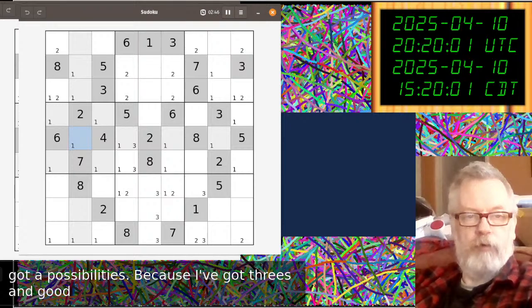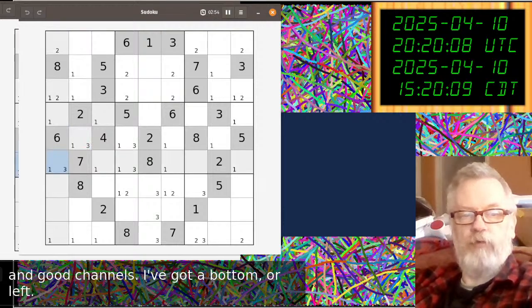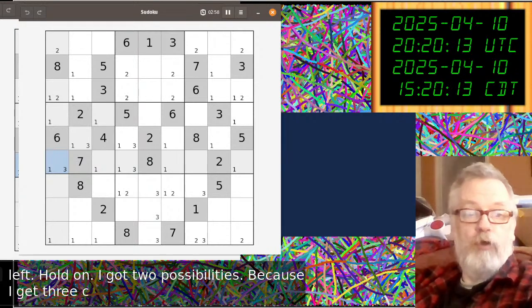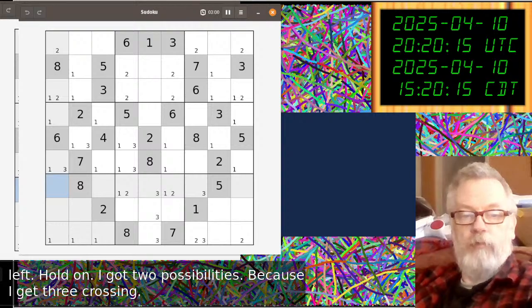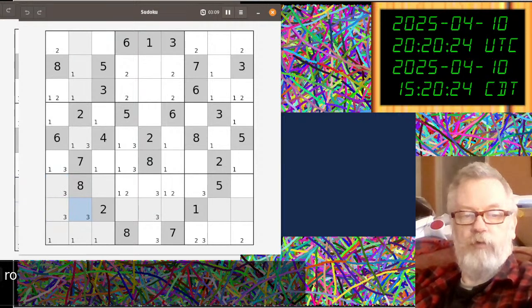In the left middle, I've got 2 possibilities because I've got 3s crossing in through the square for column and row, and I've got 4 possibilities or 5 possibilities in the bottom left.